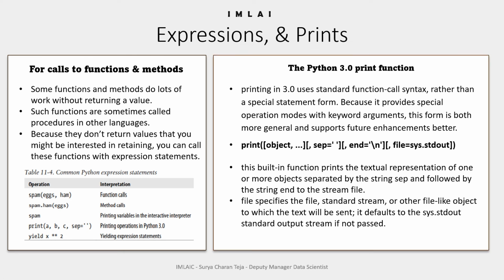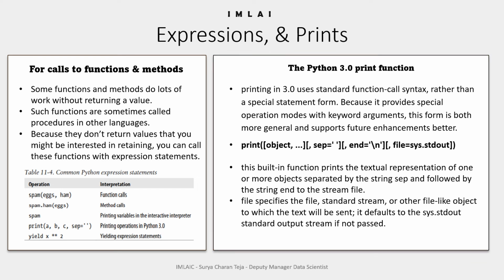If you don't want to go by line and you want to put all objects you have given inside the print function side by side, just remove this backslash n character and just put an empty space inside it. So this is how our print function works, and this is how we can modify it a bit.